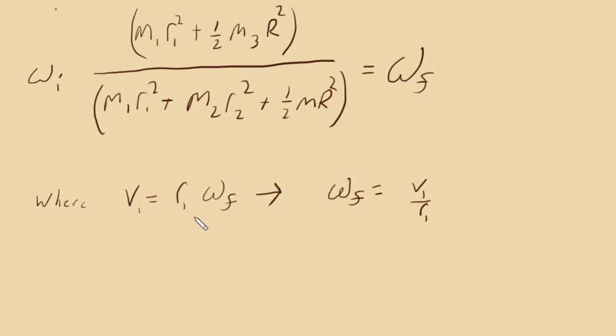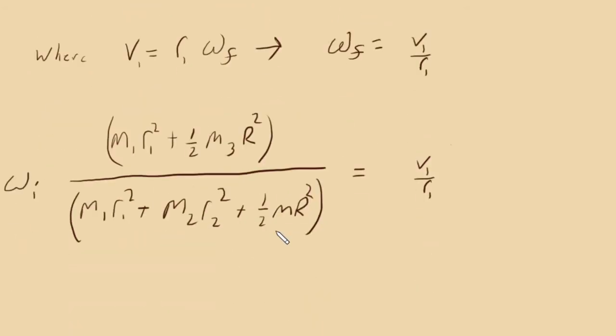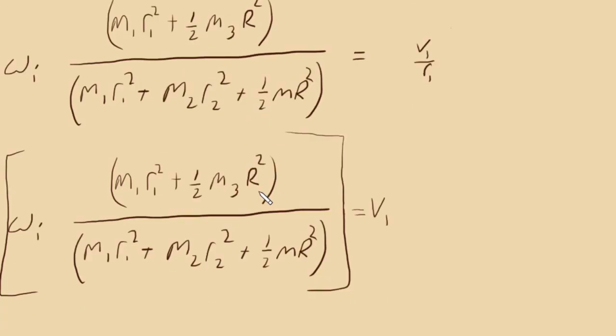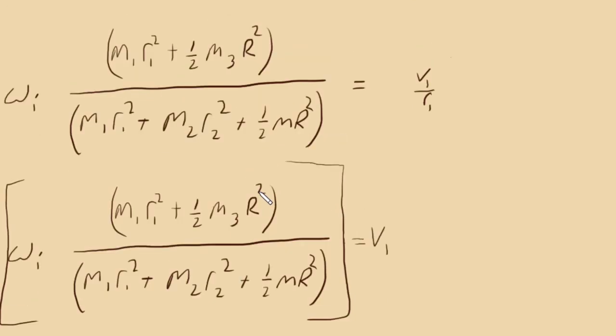So radius 1 is where the person's standing, and that's multiplied by our final angular velocity. So solving for final angular velocity, we just get v1 over r1, and then we can substitute that into our previous equation, and we see that our velocity 1 over r1 is the same as what we had before. We're just going to multiply over by r1, which I don't have written here.